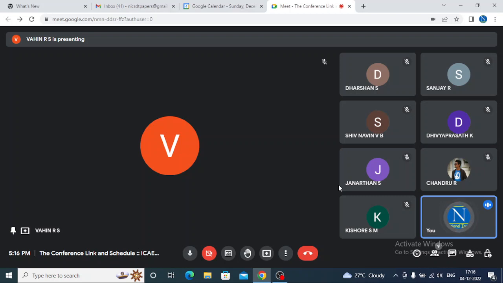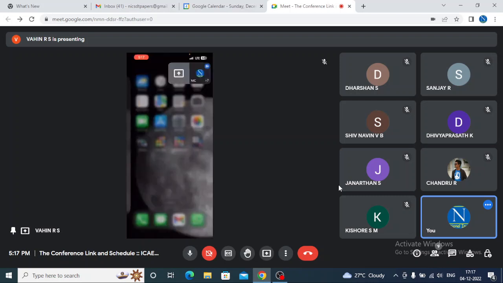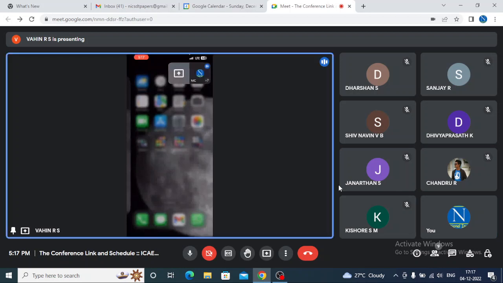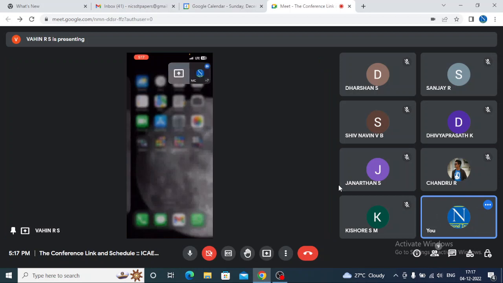Just your logo is visible only, not the PPT. Please rotate your mobile.